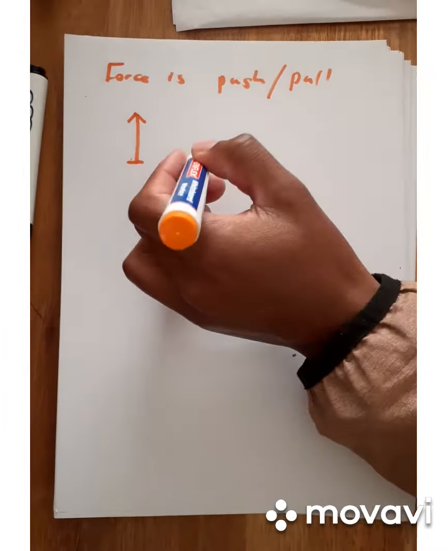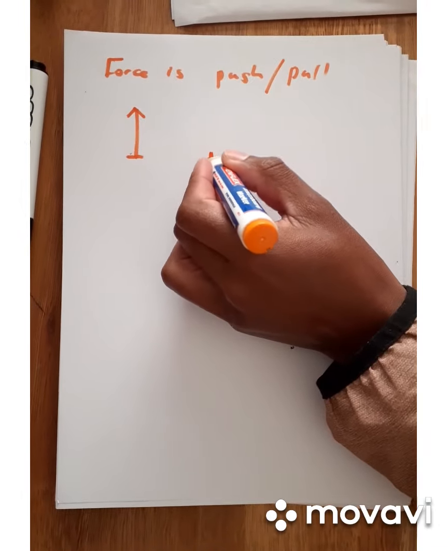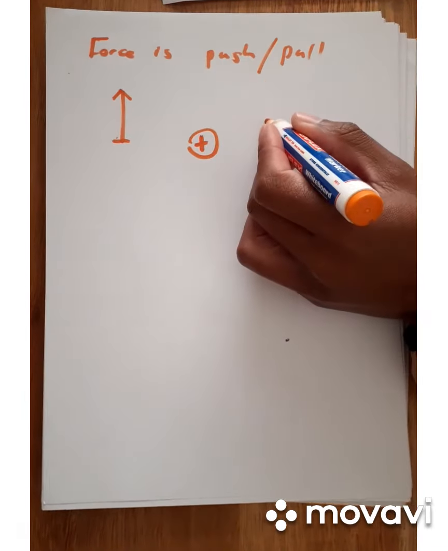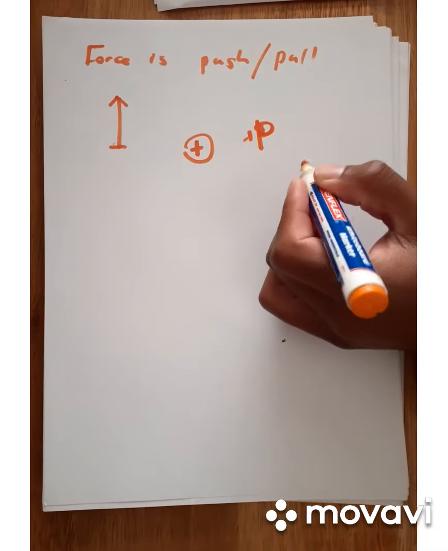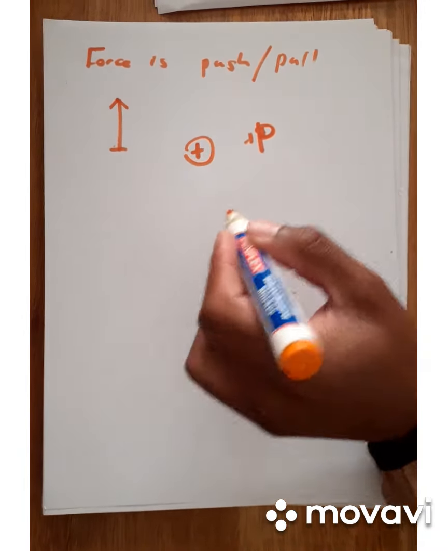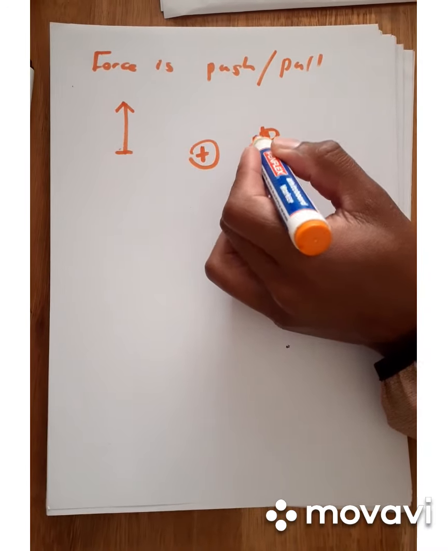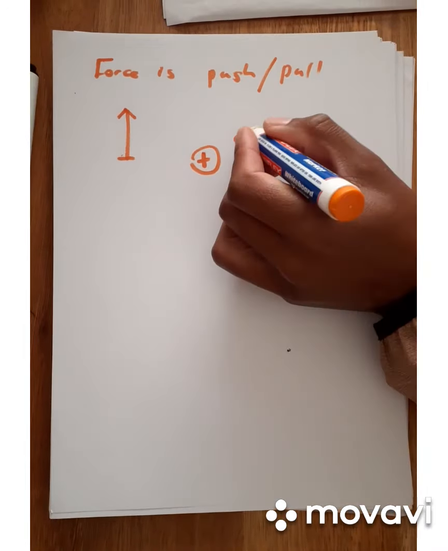Then this leads us to something. Suppose you have this charge here, and you place this point charge here, and you realize that this charge moves faster away.